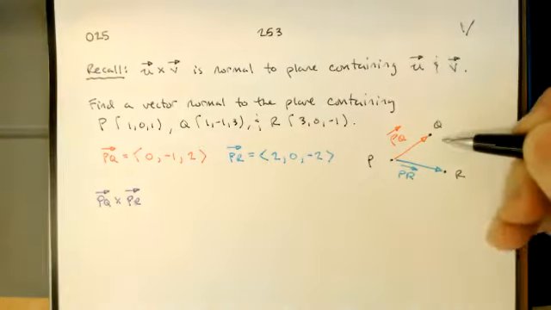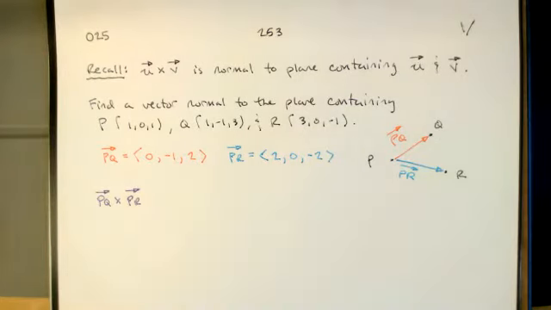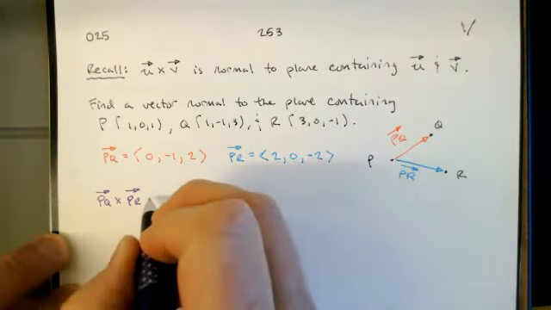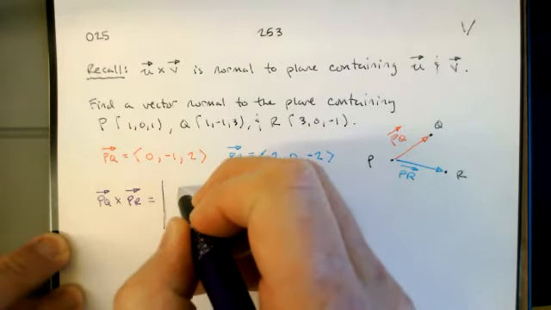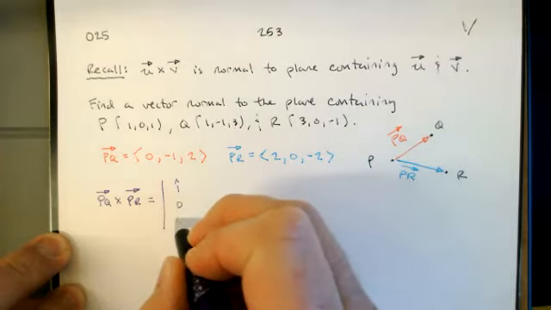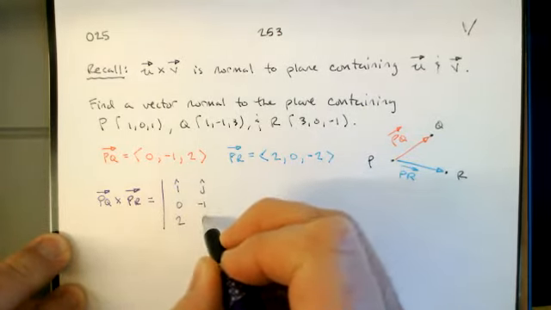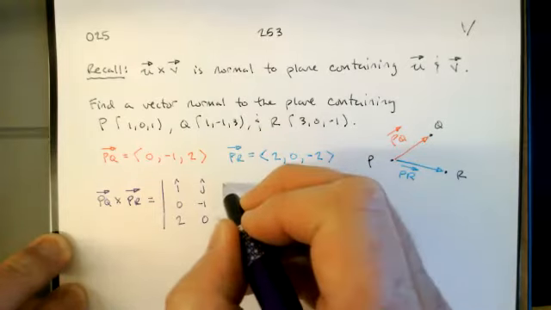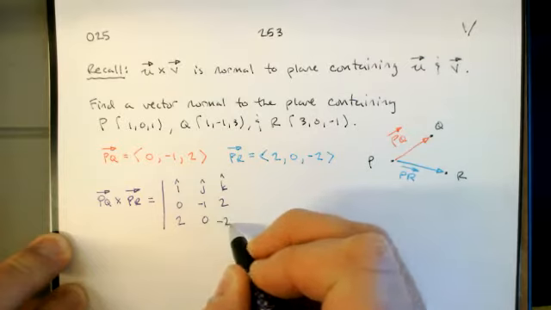And if we do PQ cross PR, that'll put the normal vector pointing down into the paper. So I'm going to calculate the determinant. I hat, 0, 2, j hat, -1, 0, k hat, 2, -2.